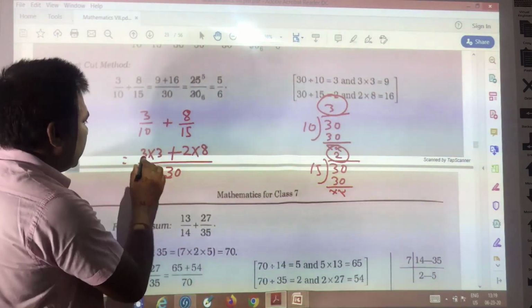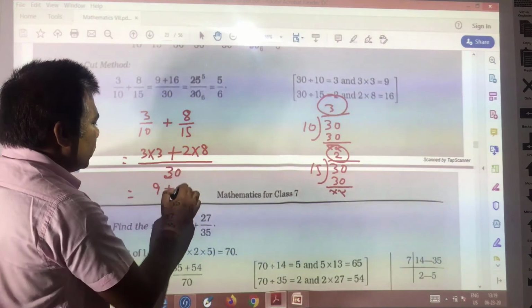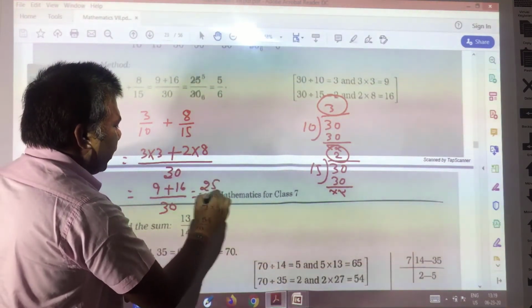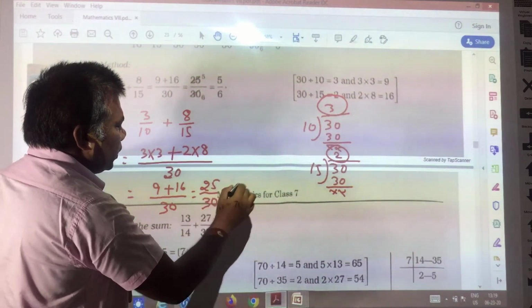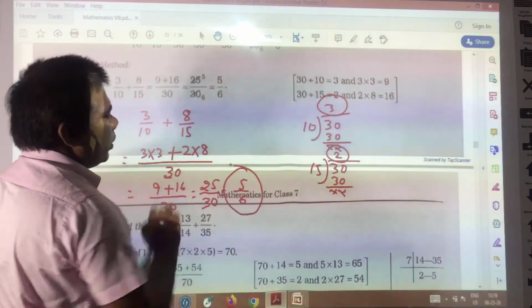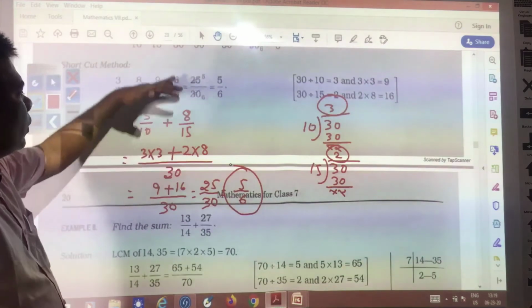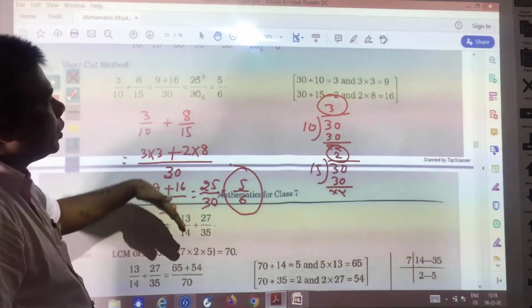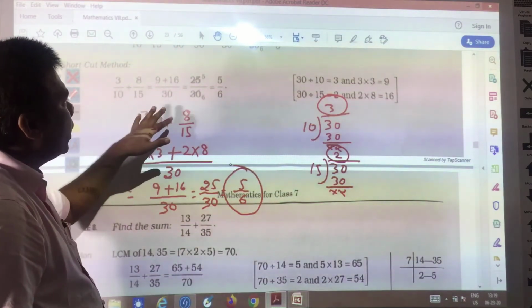So, what you got? 3 times 3 is 9 plus 8 times 2 is 16, divided by 30, and finally you got 25 by 30. If you cancel this, you will get 5 by 6, and this will be your answer. So, in this way also you can find it, and I think this will be more useful than that. So, try to learn in this way.